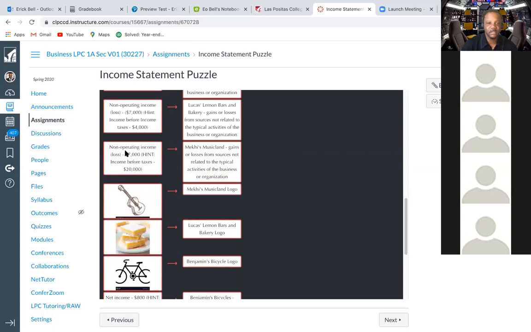I want you to compare it with Mackay's. No parentheses means it's income, and the income before taxes is 20,000.